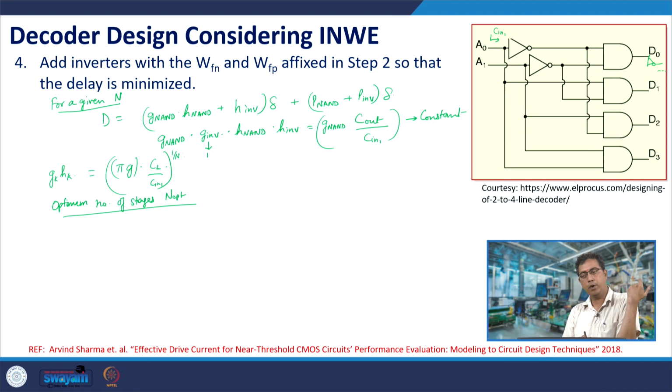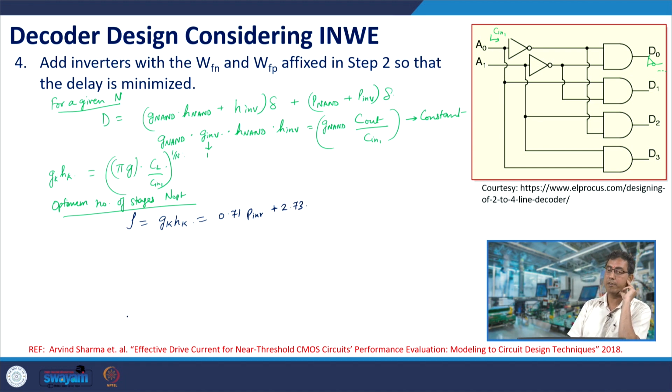So, on the lines of the previous lecture, we would find that the optimum number of stages is given when you have an optimum stage effort for a kth stage, and this is again given by 0.71 P inverter plus 2.73. It fits on this line, as we had seen in the previous lecture.